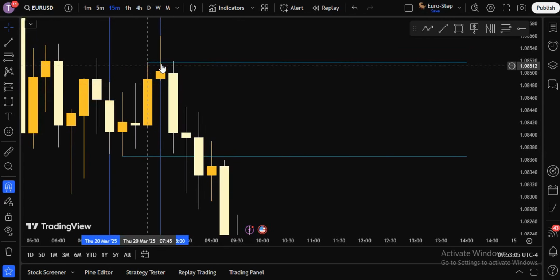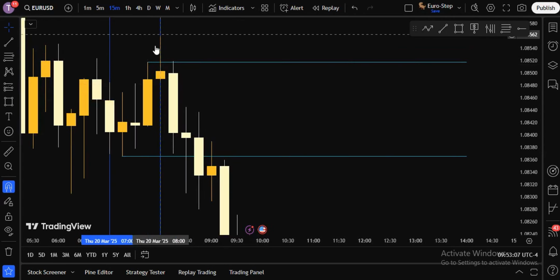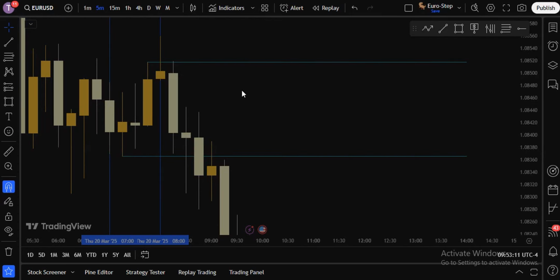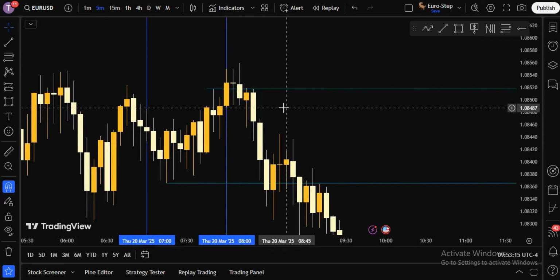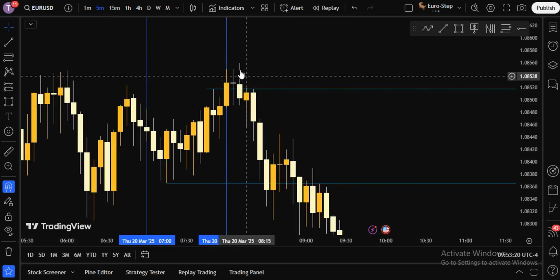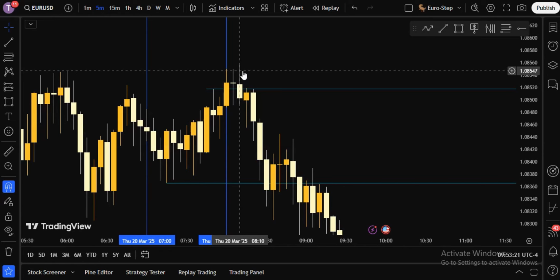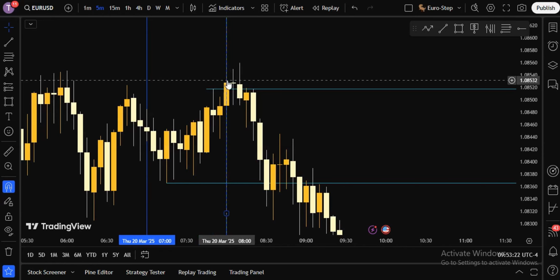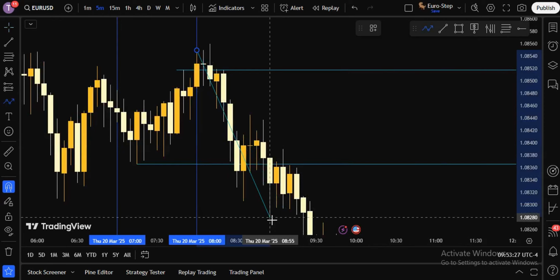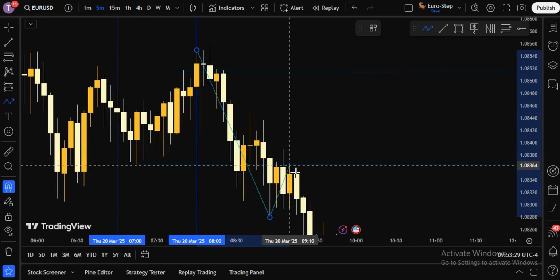From 8 o'clock, we can see that price tested the highs, outlining manipulation. Let me go on a lower time frame to show that. From 8, price drove up, took out the highs, outlining manipulation there before distributing price downwards after the manipulation phase.